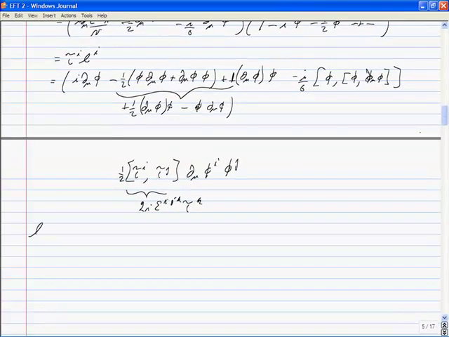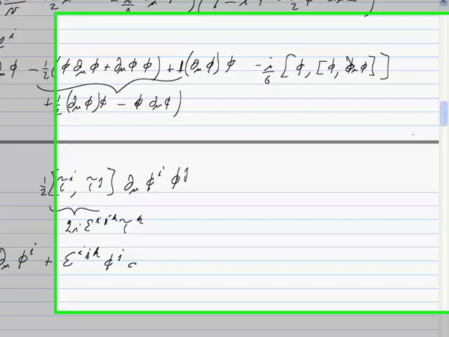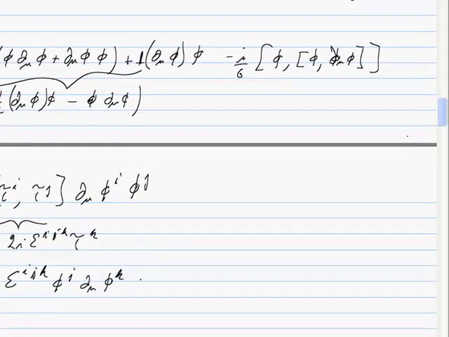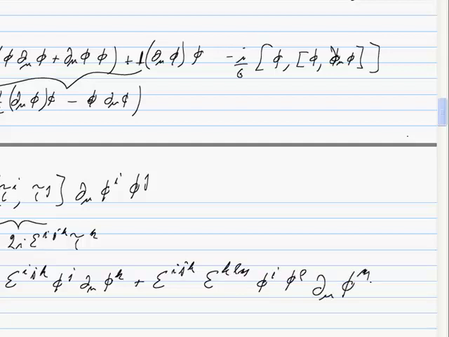So then Li mu is I d mu phi I plus epsilon I j k phi j d mu phi k plus epsilon I j k epsilon k l m phi I phi l d mu phi m plus dot dot dot.